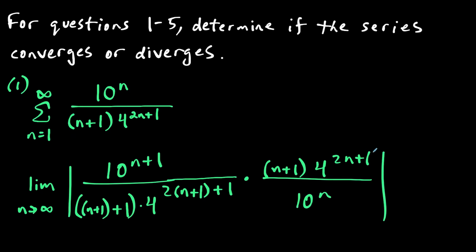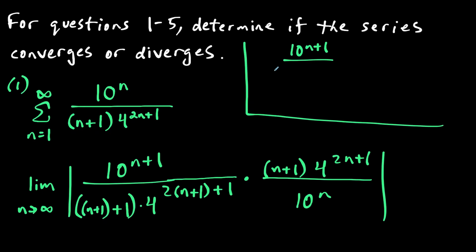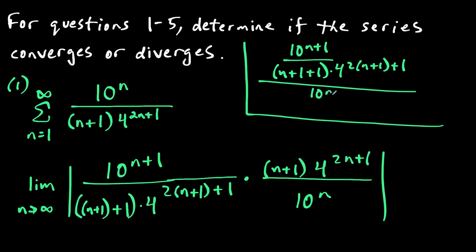So the step that I skip, so this is really what we're doing on the side here, is we're doing 10 to the n plus 1 over, and then we'd have n plus 1 times 4 to the 2n plus 1 plus 1. Technically, we're doing this here, divided by 10 to the n over n plus 1 times 4 to the 2n plus 1.